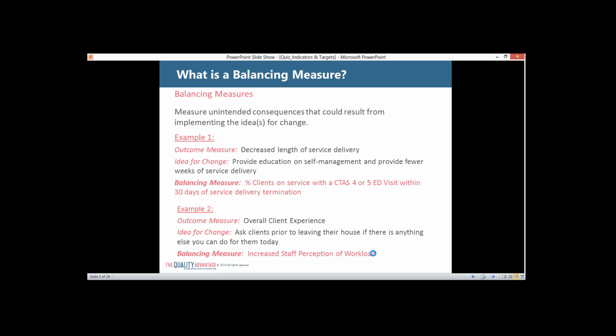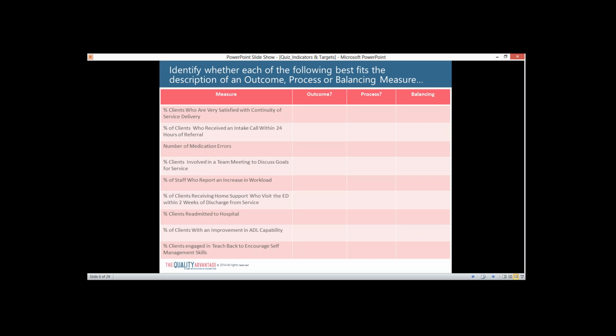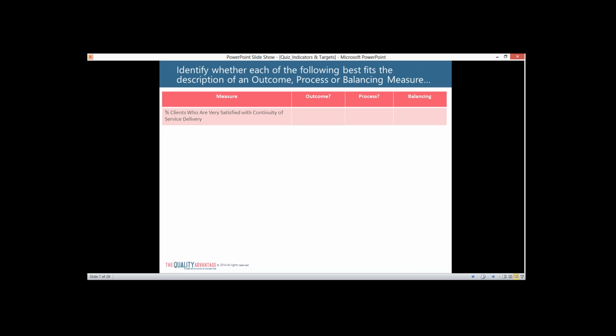So let's take a look at several measures and see how you do at determining whether each is an outcome, a process, or a balancing measure. So let's take a look at the first one. Percentage of clients who are very satisfied with continuity of service delivery.